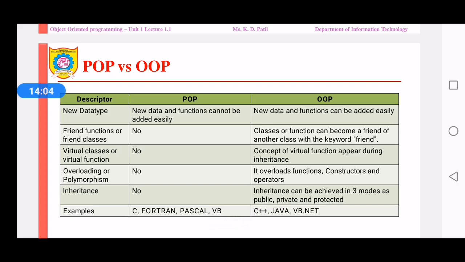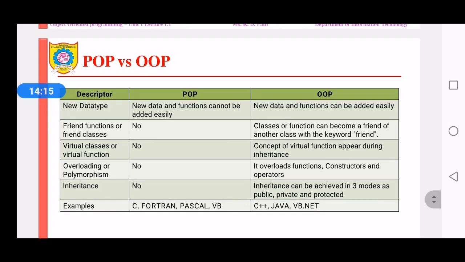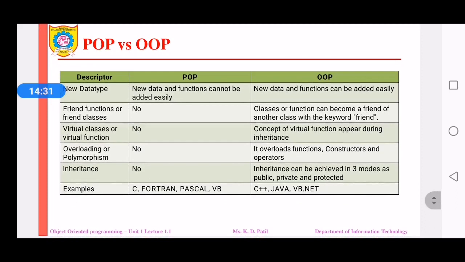Procedure-oriented programming does not have characteristics like virtual class, virtual function, operator overloading, polymorphism, friend functions, friend classes, inheritance, etc. But in object-oriented programming, all those characteristics are available. Examples of procedure-oriented programming are C, Fortran, Pascal, VB, etc. Whereas examples of object-oriented programming are C++, Java, VB.NET, etc.